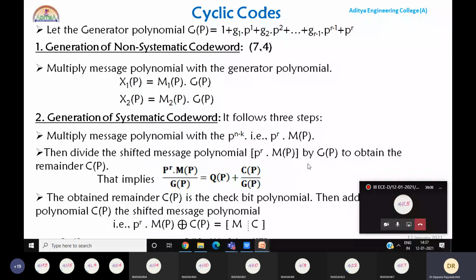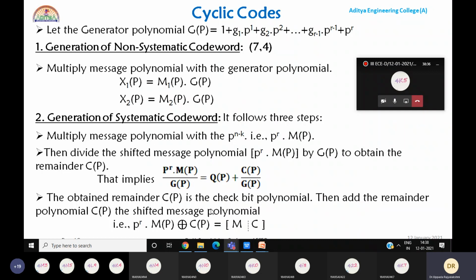C of p is the remainder, which is nothing but the check bits. So the obtained remainder C of p is the check bit polynomial.